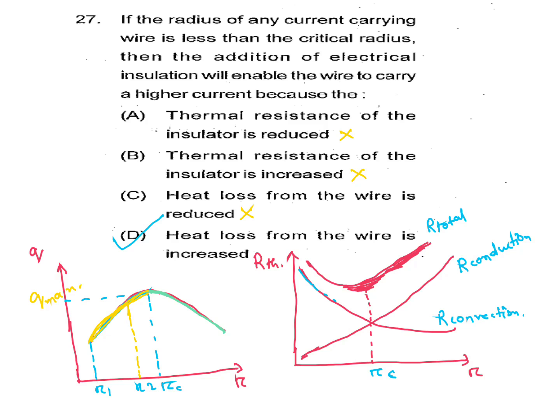And up to critical radius heat transfer will increase, and beyond critical radius it will decrease. Beyond critical radius we are using for pipe flow, and before critical radius we are using for wire.